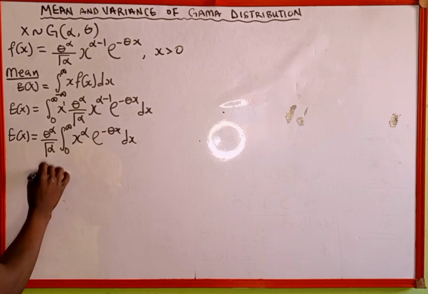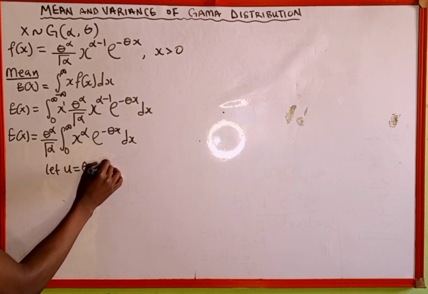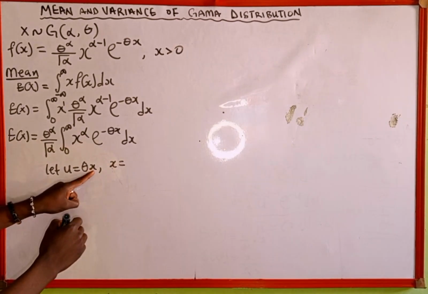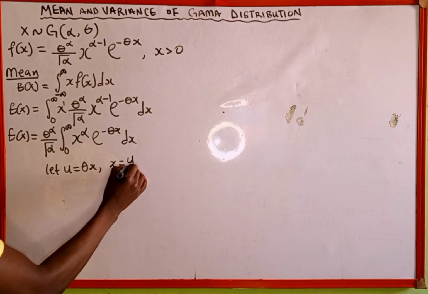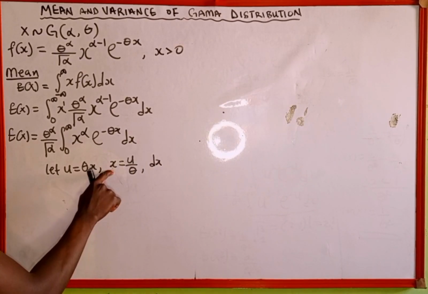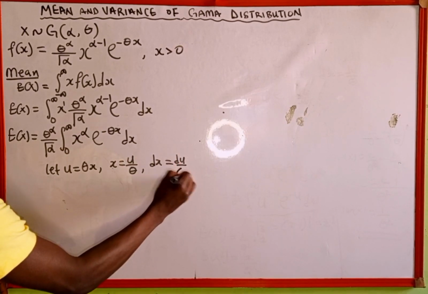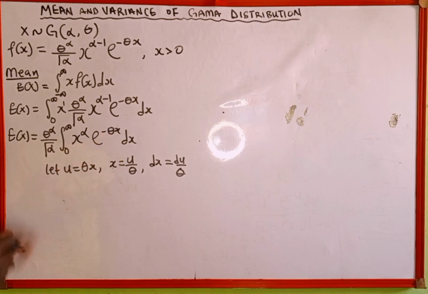Now the next thing, we let u be equal to theta x. And we make x the subject of the formula by dividing through by theta, so x is equal to u over theta. Then we differentiate x: dx will equal du over theta. Now we replace it back into our function.